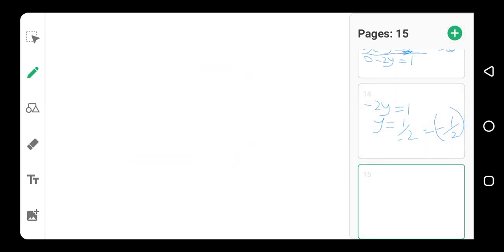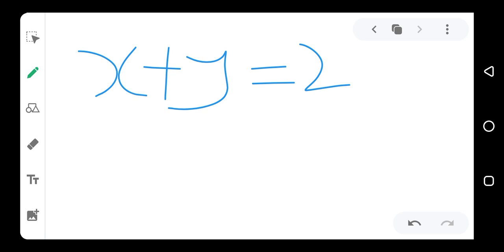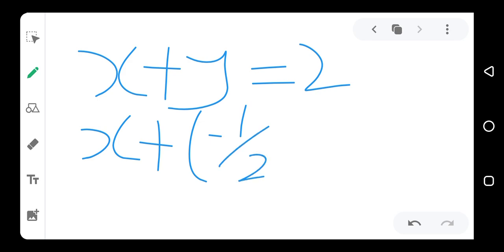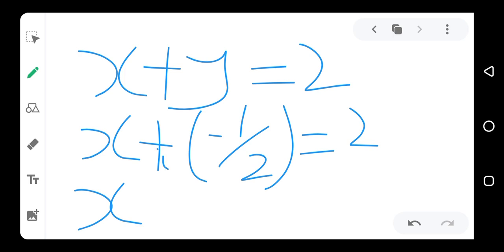So from x plus y is equal to 2, we now have that x plus minus 1 over 2 is equal to 2, and that means x minus 1 over 2 is equal to 2, since plus times minus is minus.